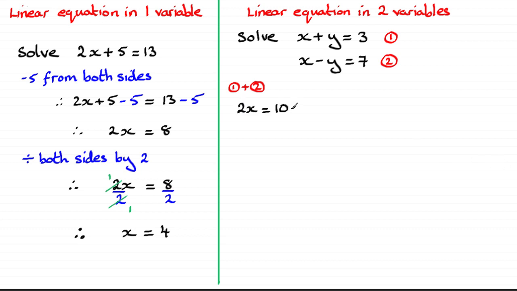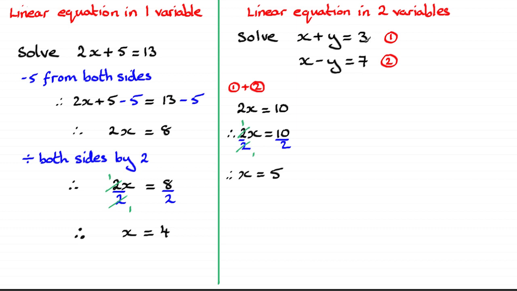Now, all we need to do is divide both sides by 2, and we end up with x equals 5. And then we substitute x equals 5 either into equation 1 or into equation 2. It makes no difference which equation we go into, although it's better to pick the easier equation. There's not much difference in these.